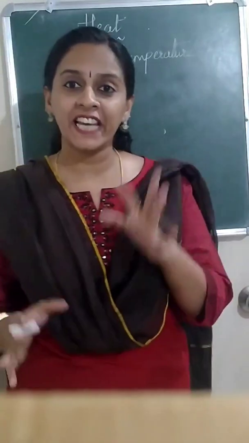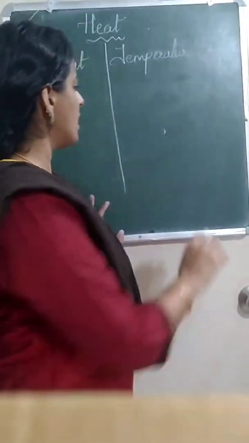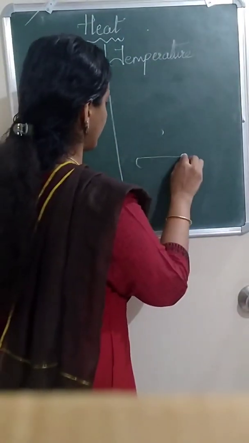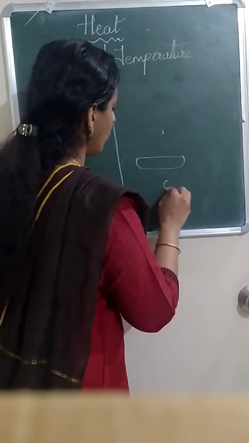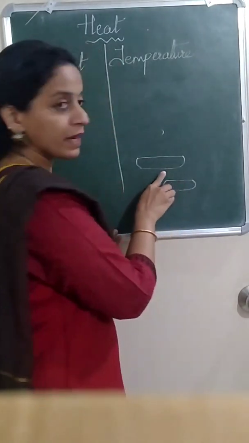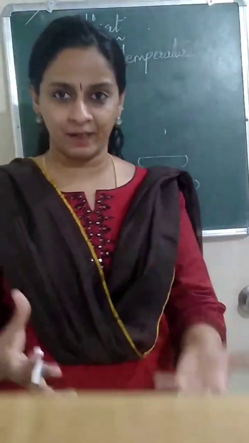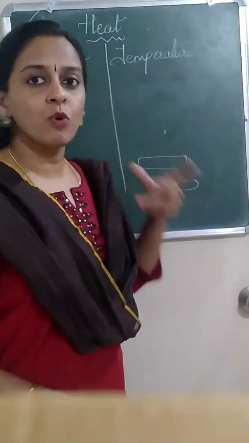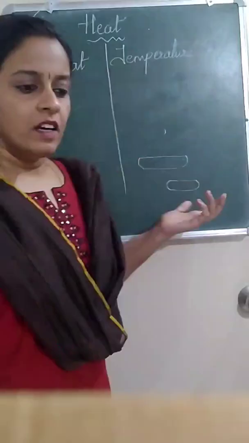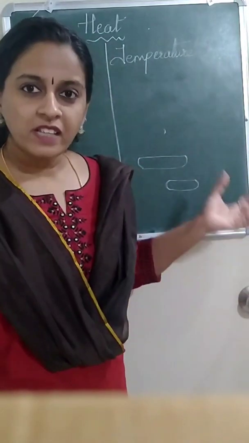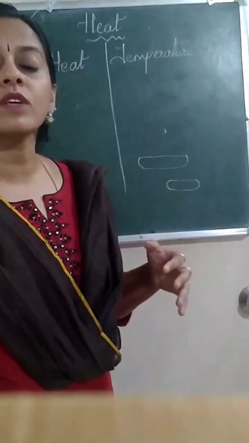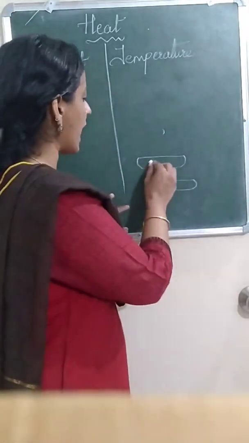To explain heat, best example is, suppose I have two objects, one of bigger size as well as the other of a smaller size. As you know, every object consists of atoms. More the size, more will be the number of atoms. When you give these objects some amount of energy, or when you supply heat, what will happen to the atoms?